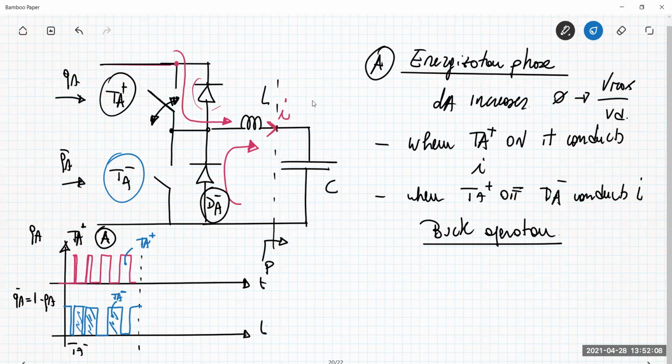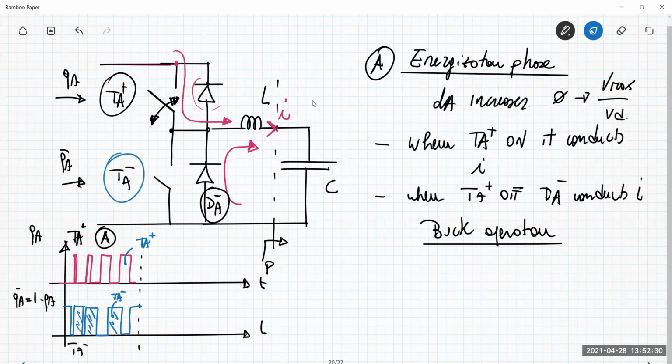So an alternative approach is to avoid the switching on and off of the transistor Ta minus, because even if transistor Ta minus does not conduct the current, it dissipates power because it becomes on and off. So you have what is called the dynamic dissipation, the switching dissipation of the MOSFET.